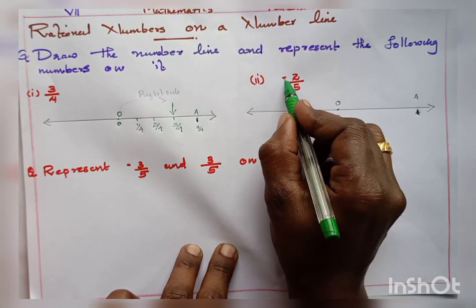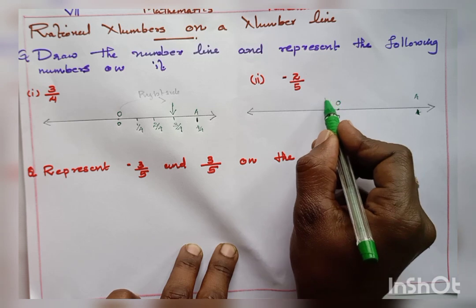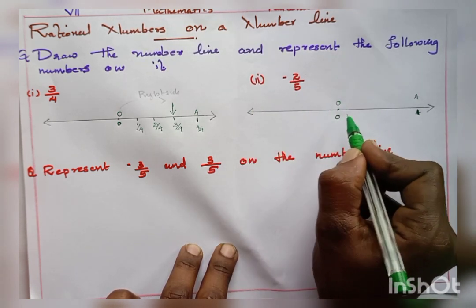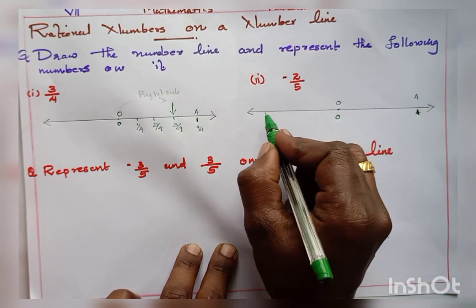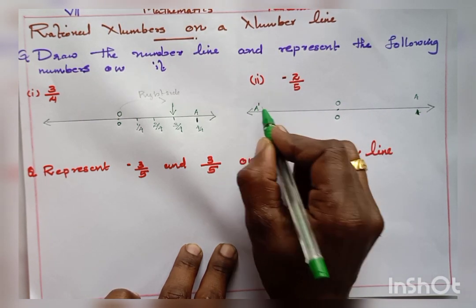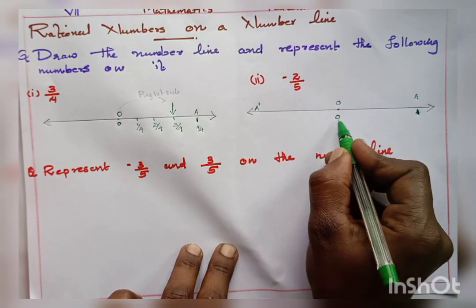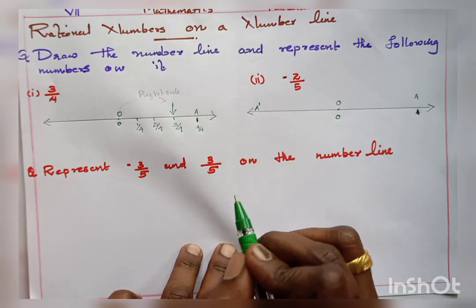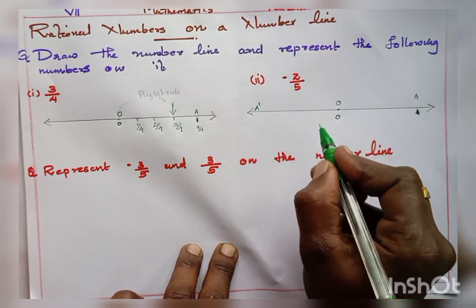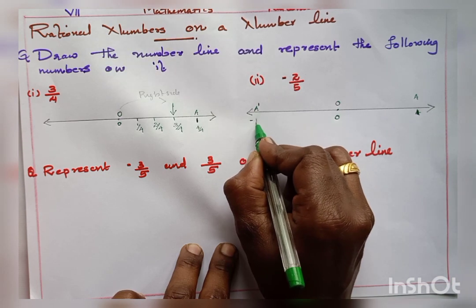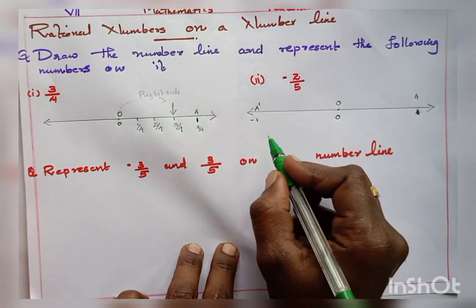Then for a negative rational number, we want the negative side of 0, that is the left side. So that takes us to O dash, A dash. In between O and A dash is the same as 1 unit. Changing it with a negative sign, that is equal to negative 1.